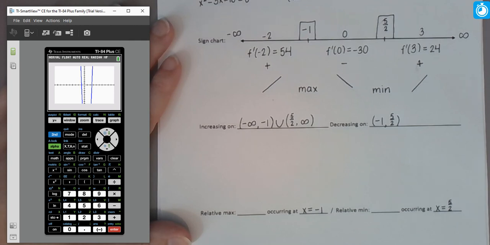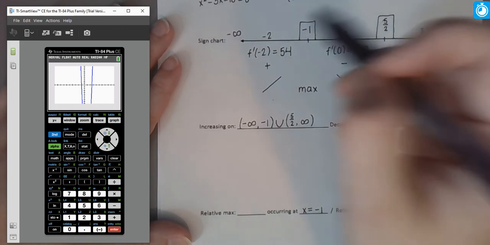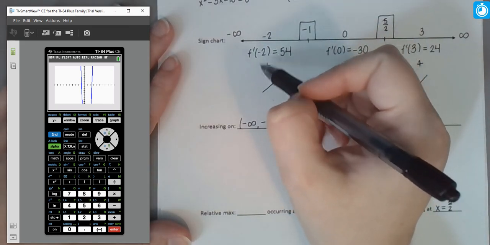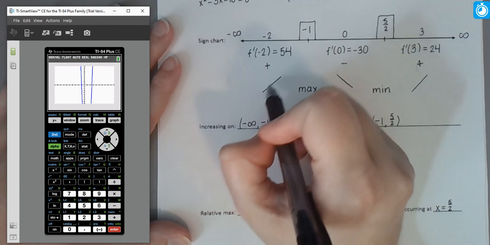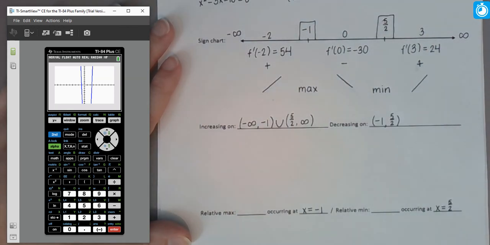Well, think about what this graph represents. This graph represents the derivative. So to the left of our critical value, our derivative is positive, hence the positive sign, and hence the fact that we're increasing. Now, notice the graph here is not increasing, it's decreasing. But we're focused on the signs we get from this graph. This is not the graph of the original function.